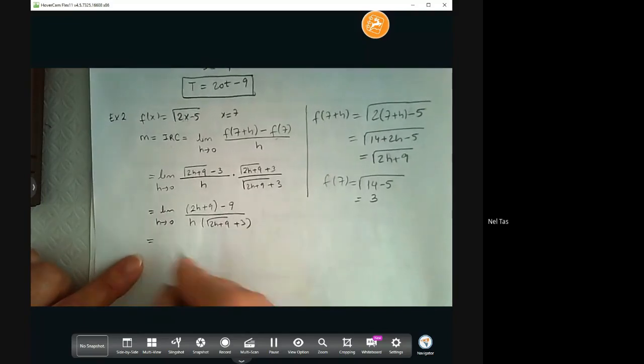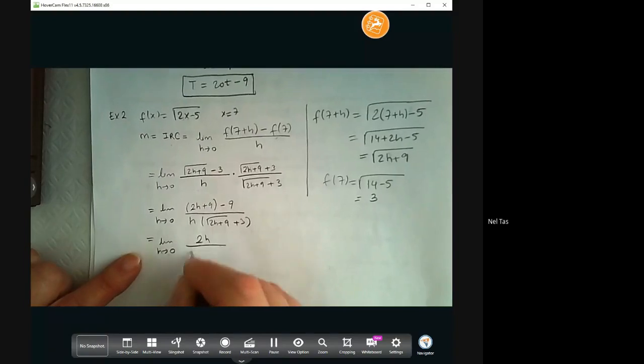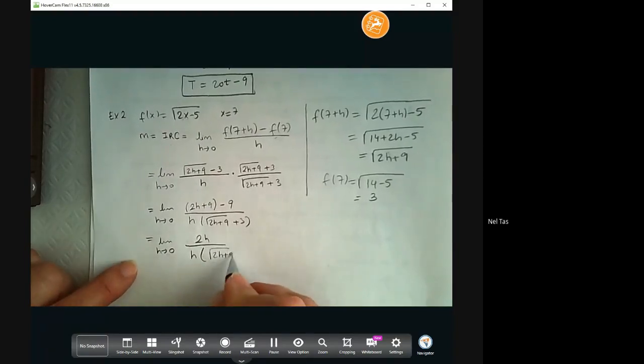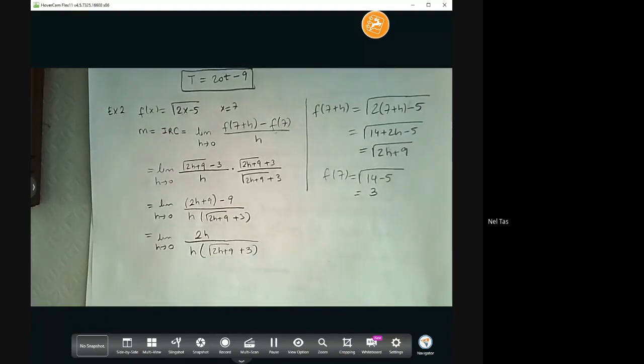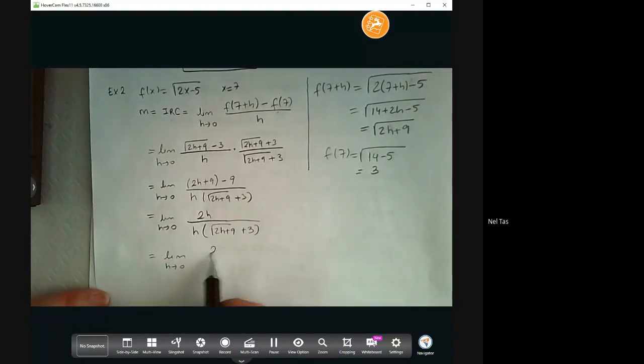If you simplify, you get 2h over h times square root of 2h plus 9 plus 3. Okay, h and h is gone. So you get 2 over square root of 2h plus 9 plus 3.